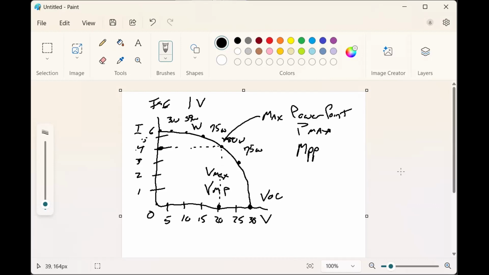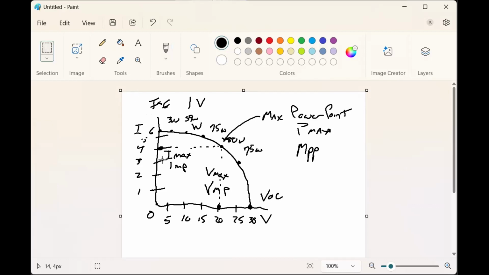And the amperage associated with the maximum power point is the Imax or the IMP. Unfortunately, these terms are not standardized. So this would be your operating amperage, and this would be your operating voltage when it is functioning at the maximum power point. So let me go ahead and clear this.